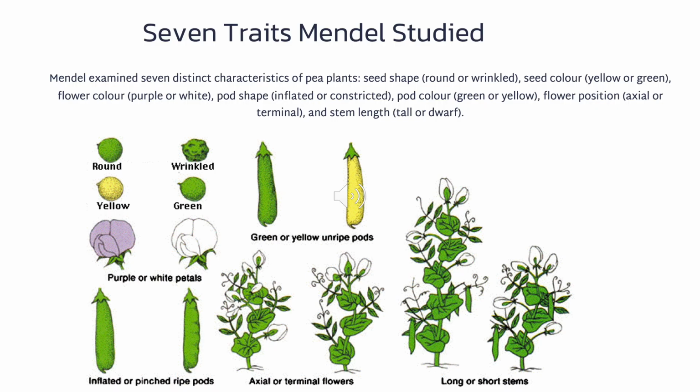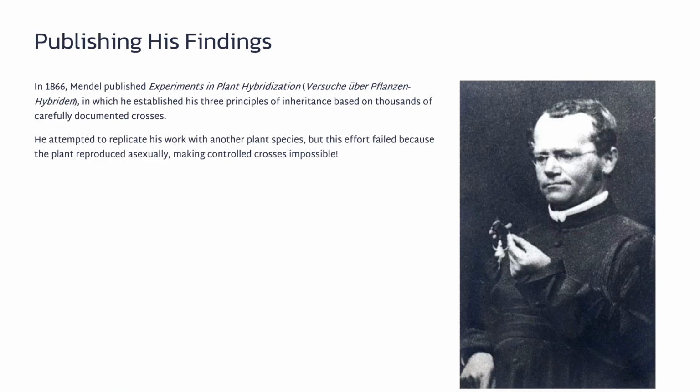Flower color, purple or white. Pod shape, pod color, flower position, and also stem length, either tall or dwarf. So these are the 7 traits that Mendel observed in the pea plant.